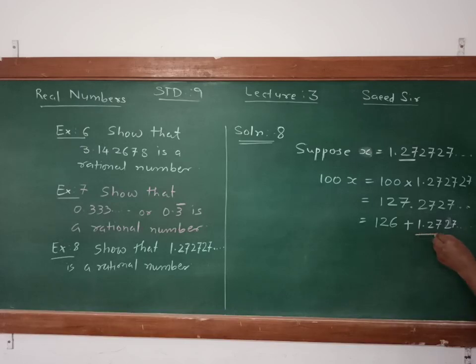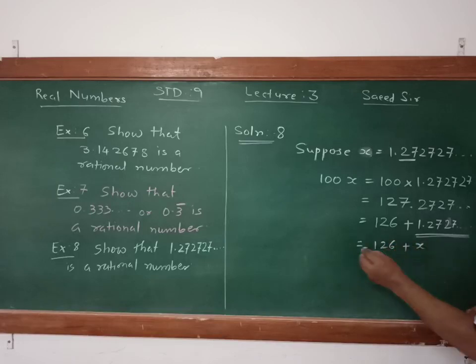Because we know the value of this. The value of this is x. So 126 plus x.